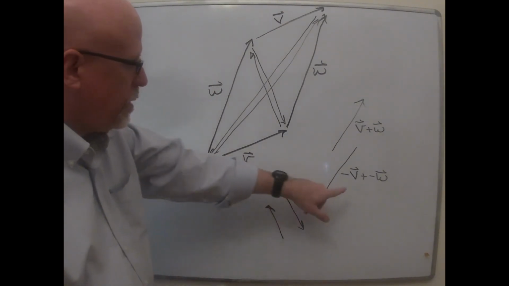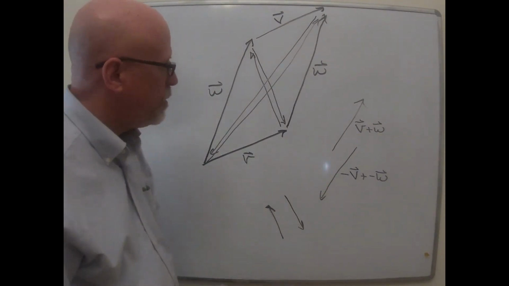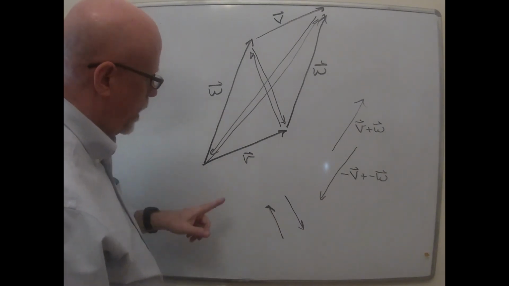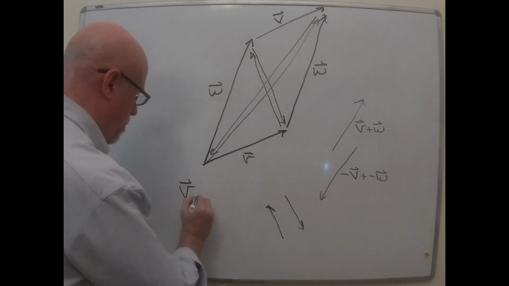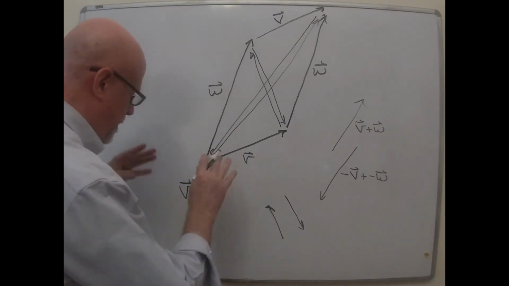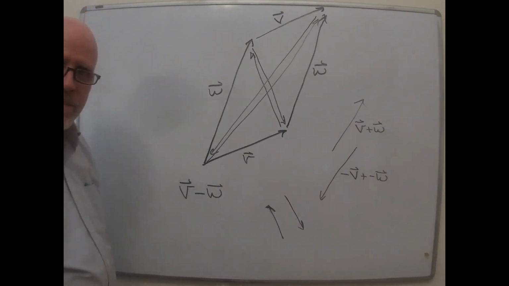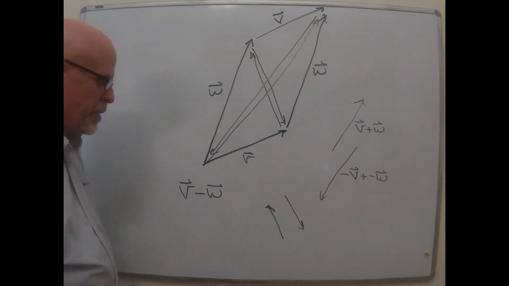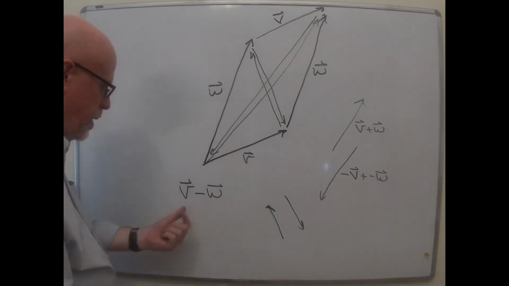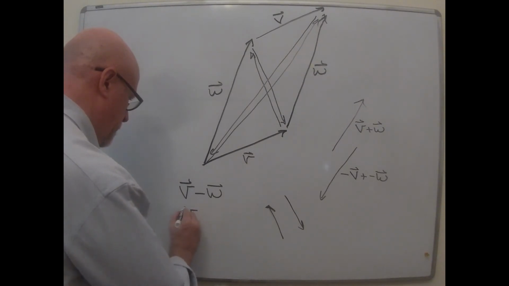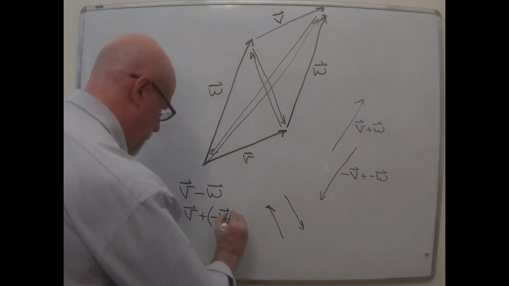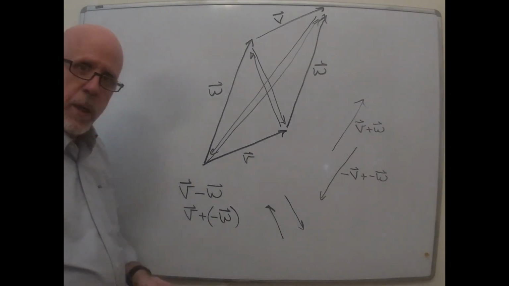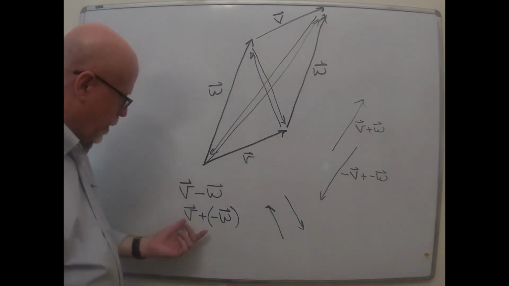What I would like to say is that v minus w is sort of not a real thing. There really is no subtraction. What you really want to think about is adding a negative. Which is actually how we think about subtraction with regular numbers, so it makes sense here.